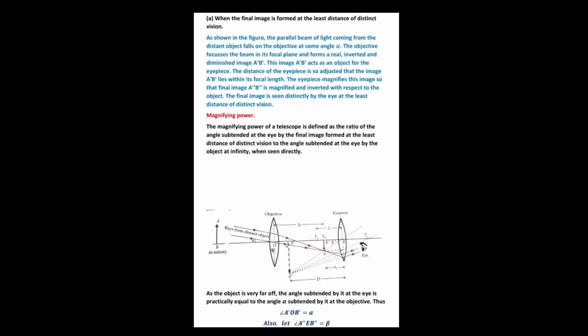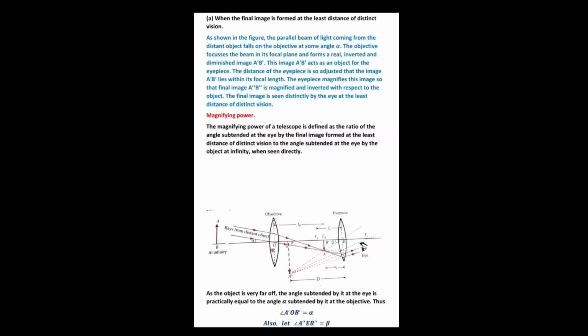So the magnifying power is a ratio of the angle subtended at the eye by the final image, that is forming at the least distance of distinct vision, to the angle subtended at the eye by the object at infinity when seen directly. So in the diagram we mark the angle alpha and the angle beta.